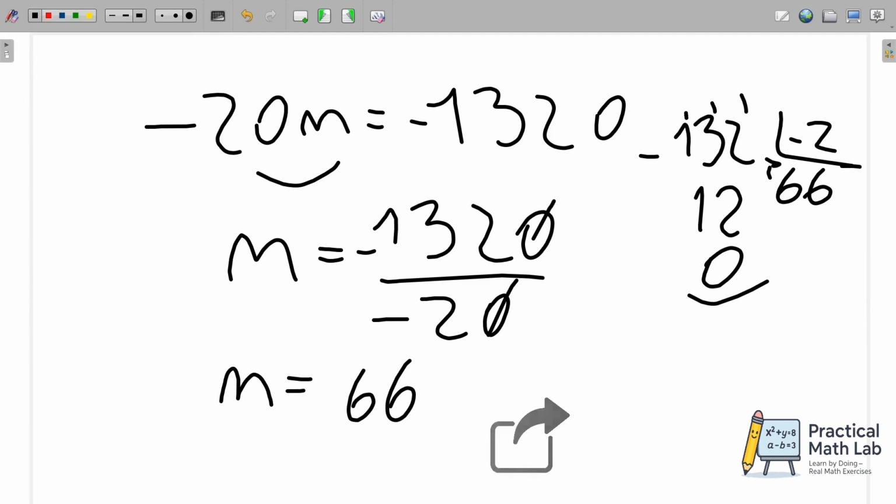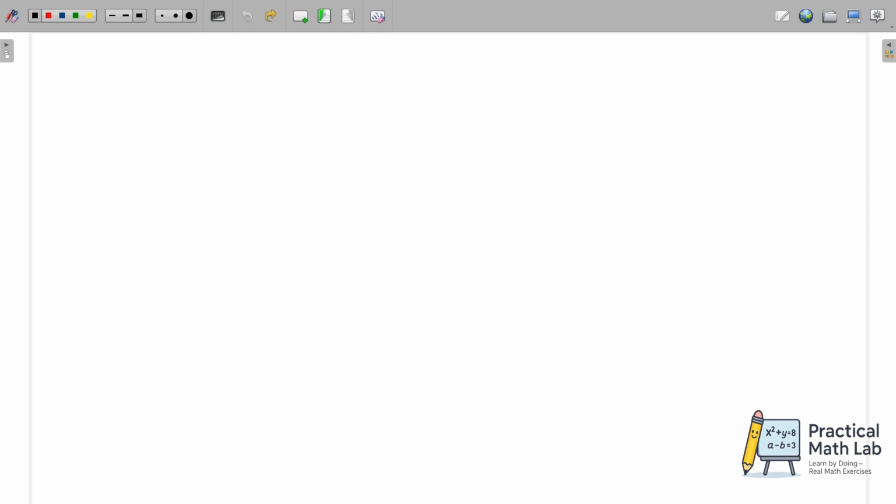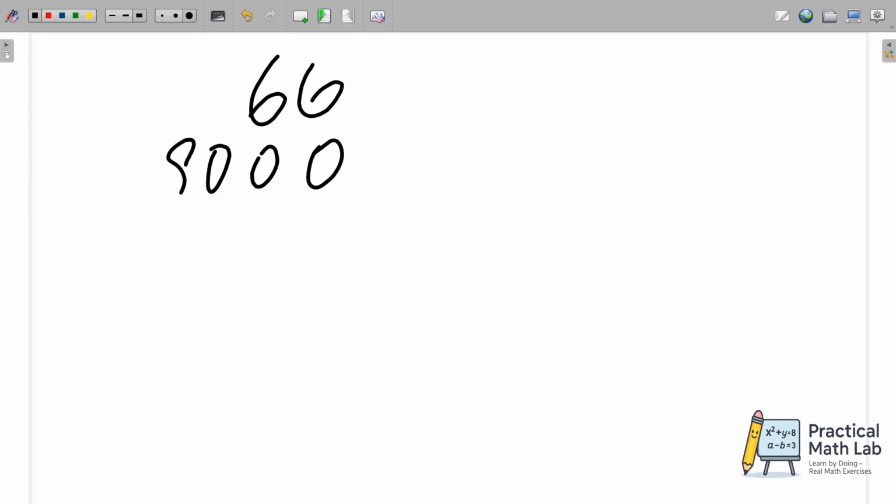No, we still need to calculate the total amount spent, the maximum spent. If we have 66 poles and each pole costs 8,000, we just need to multiply here to find the answer. Any number multiplied by 0 is 0. So just put 0, 0, 0 here and start multiplying by 8. 8 times 6 is 48.